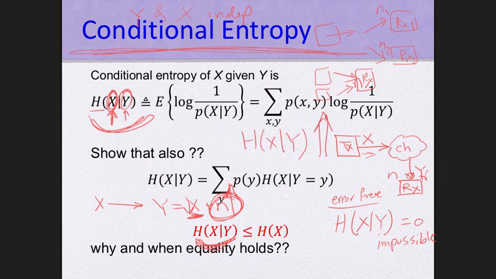What is the maximum value for this? No. Look at the definition. So what happens when you have X and Y independent? What happens to this probability and what happens to this probability?